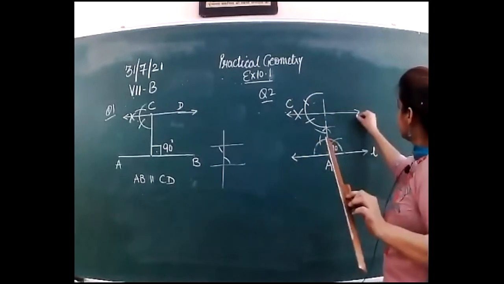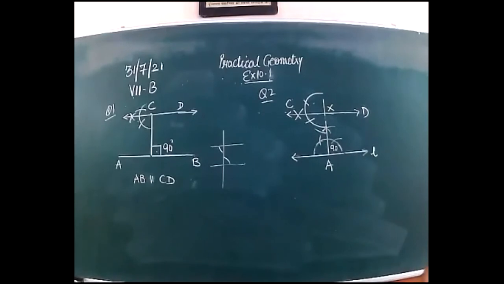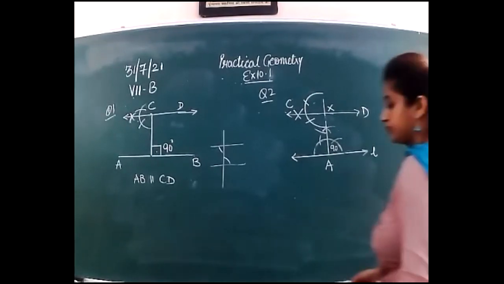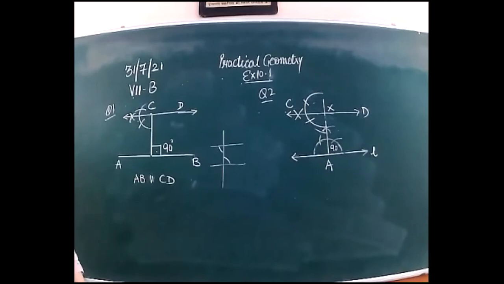This line is your C, D, and this point is your X. Any doubt?